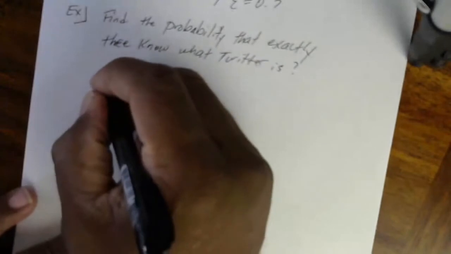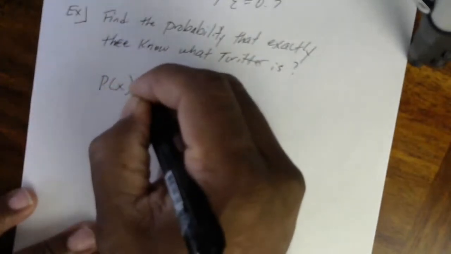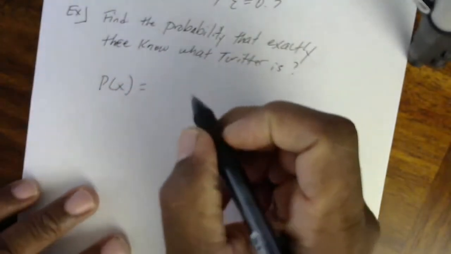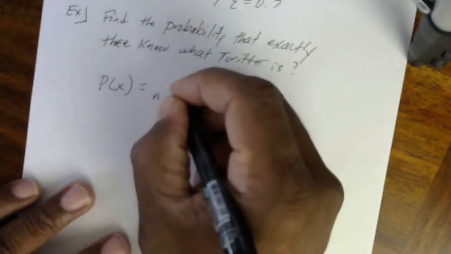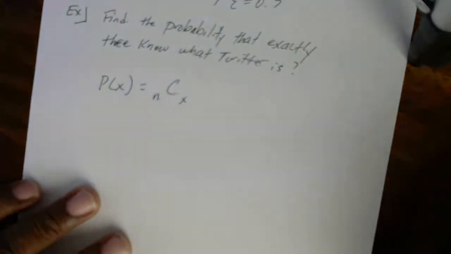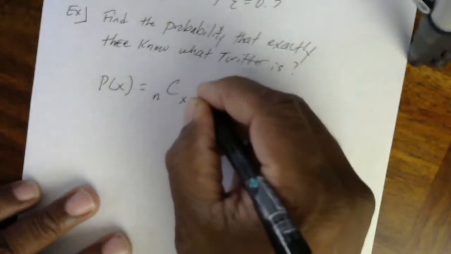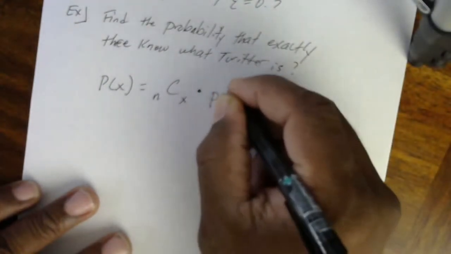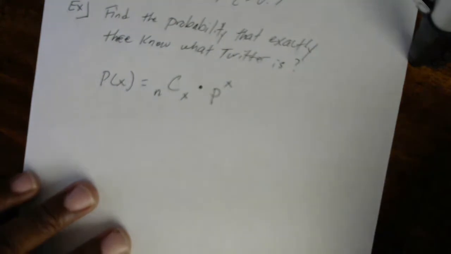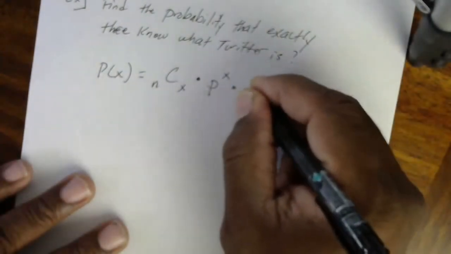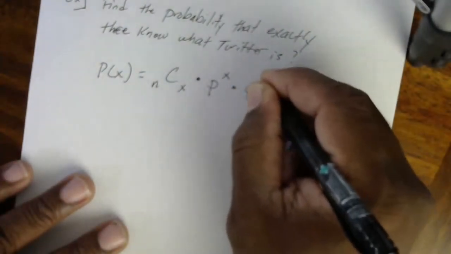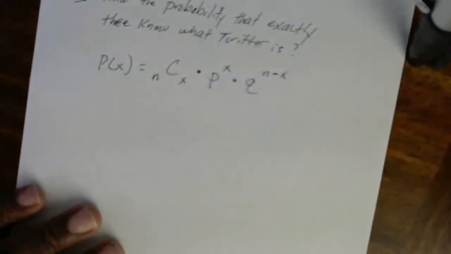P of X is equal to N choose X times, so I'm going to put a multiplication dot, P raised to the X times Q raised to the N minus X.